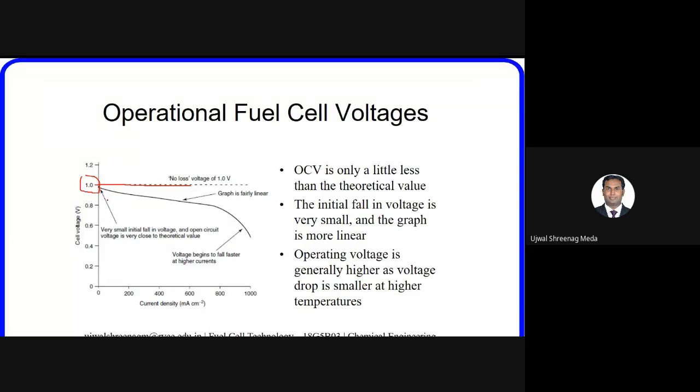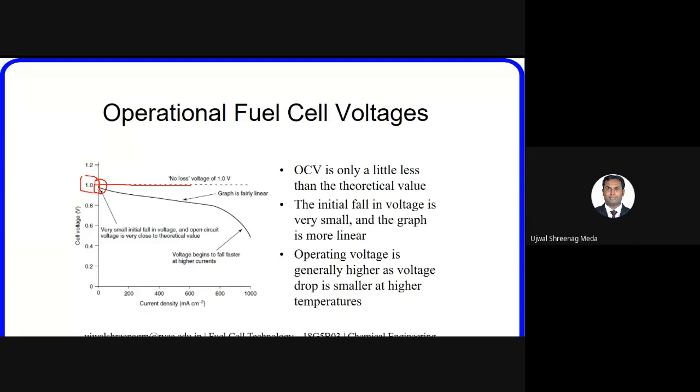Second observation is, even though the no loss voltage is of lower value, the initial loss is less when you operate the fuel cell at a higher temperature.